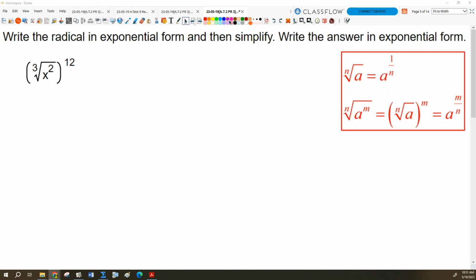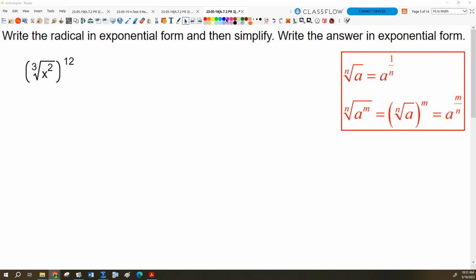If I take this part right here, that's just becoming x to what fraction, everybody? 2/3, right? Okay, x to the 2/3 to the 12th.